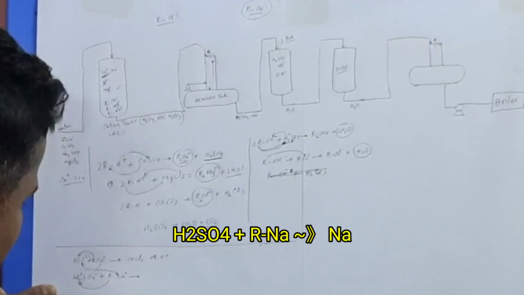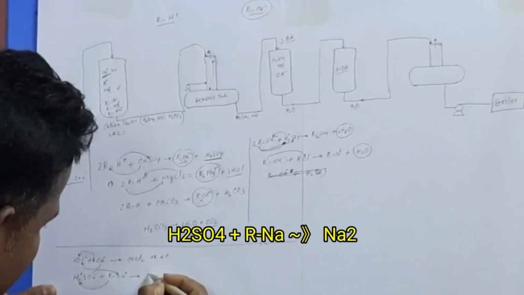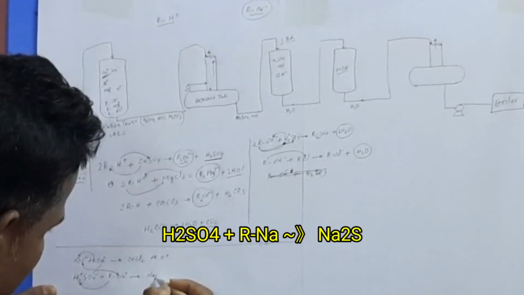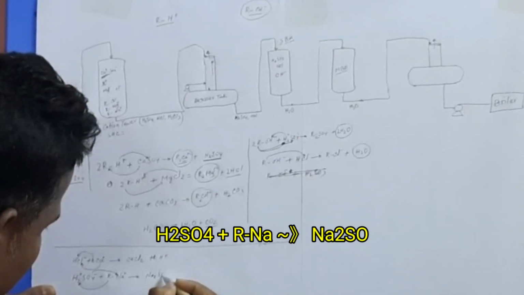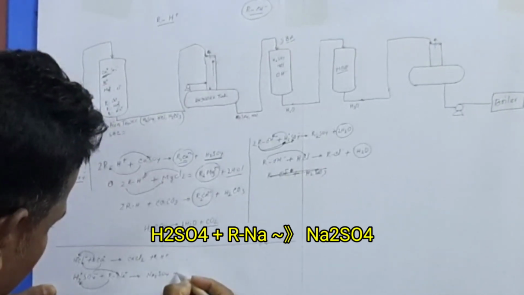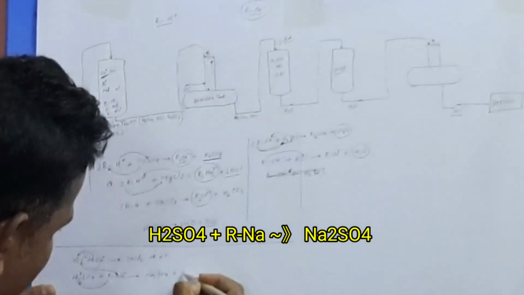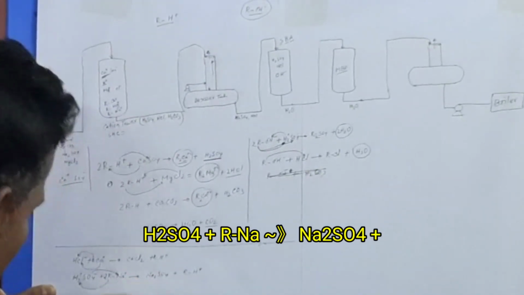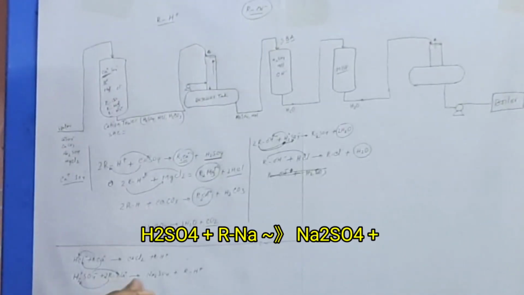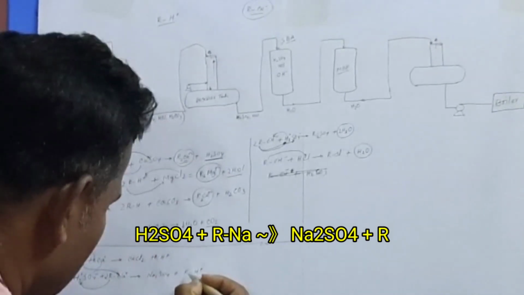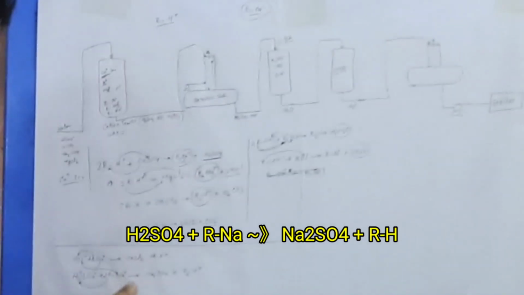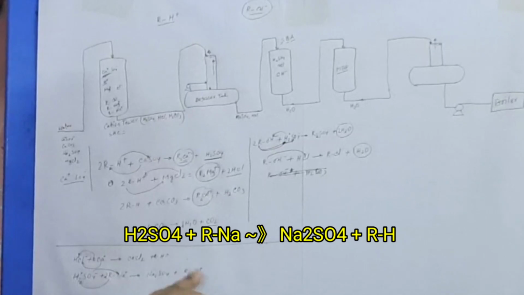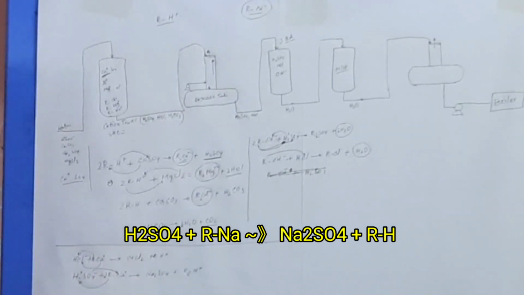It will create sodium sulfate and R hydrogen ion. If I provide 2, it will be balanced: 2 sodium, R2, 2 hydrogen, and 1 sulfate. If I provide 2, it will be balanced.